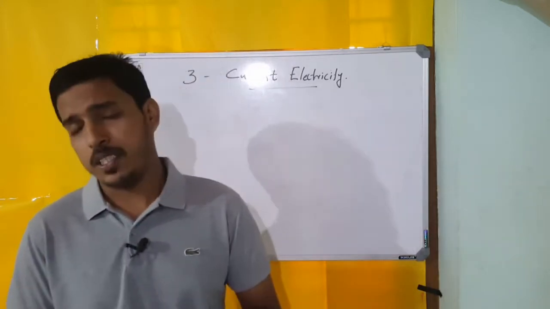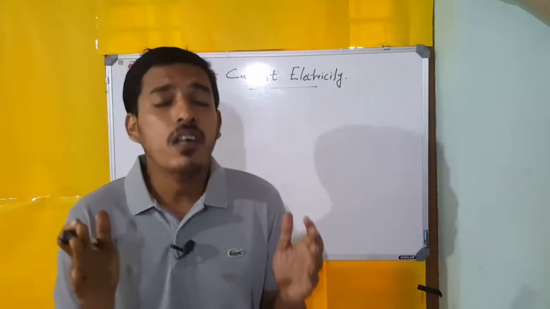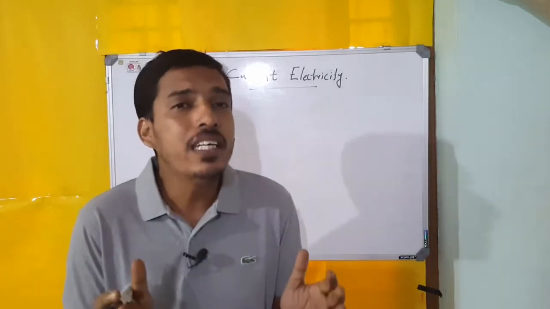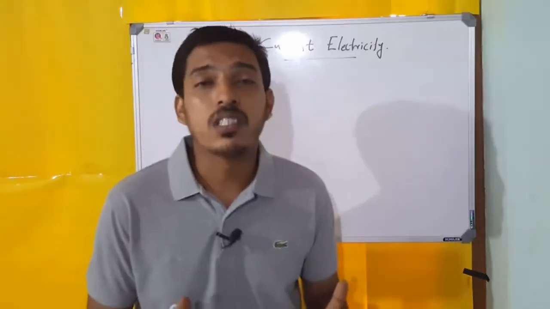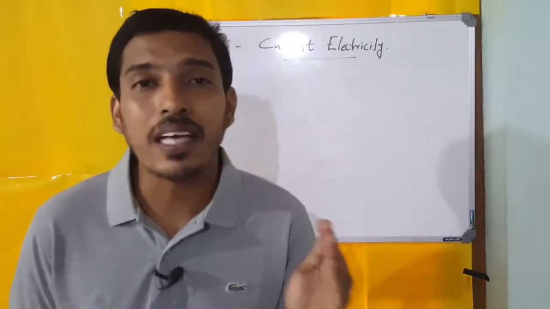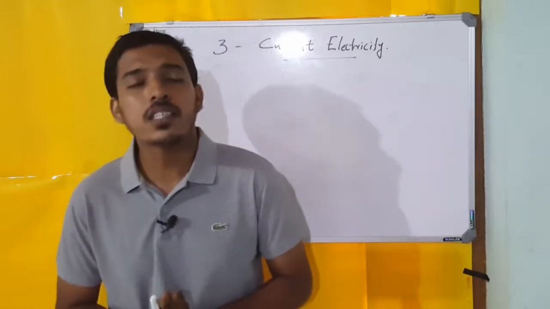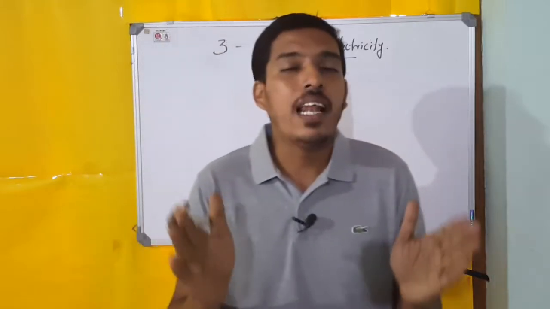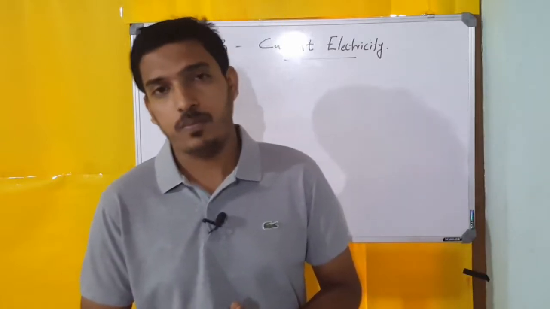In our day-to-day life, we deal with many devices where we get a steady flow of electric charges. For example, a torch and a cell-driven clock are some examples of this. In this chapter, we are discussing steady electric current and some laws which govern steady electric currents.